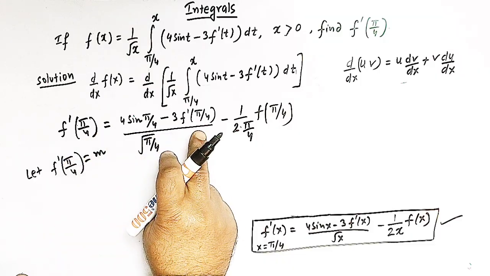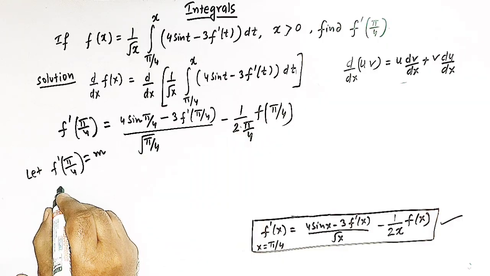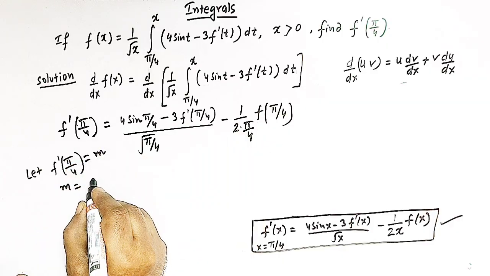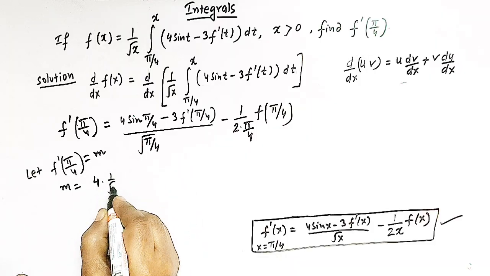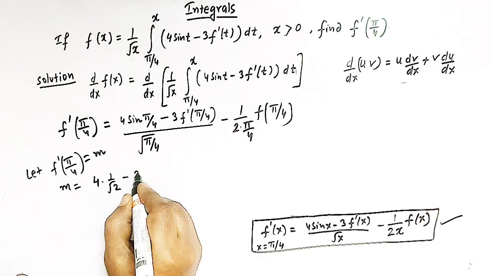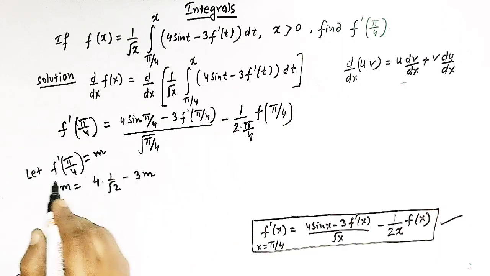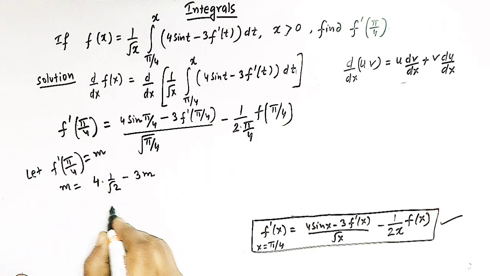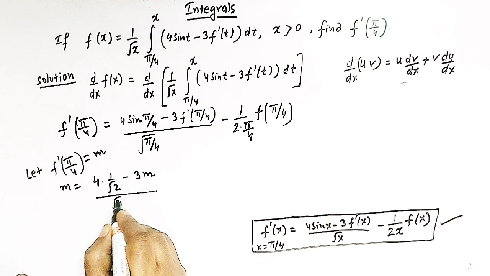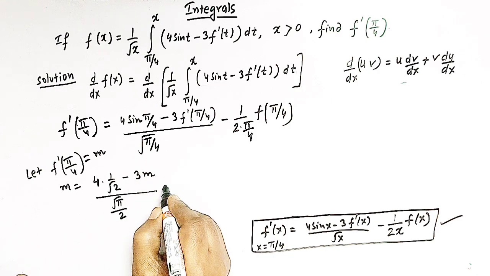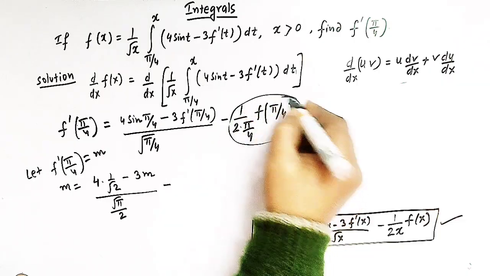Just for convenience, so we can now write this expression as m is equal to 4 times sine pi by 4, that is 1 over square root of 2, and then we have 3m, because f prime of pi by 4 we are assuming it as m, and here in the denominator we have square root of pi over 2, and here this term is 0, right?